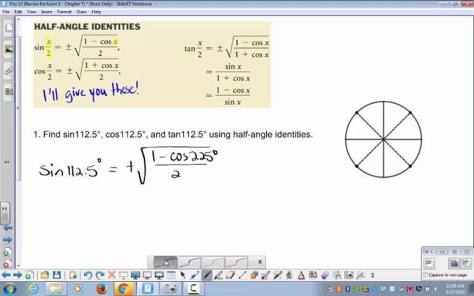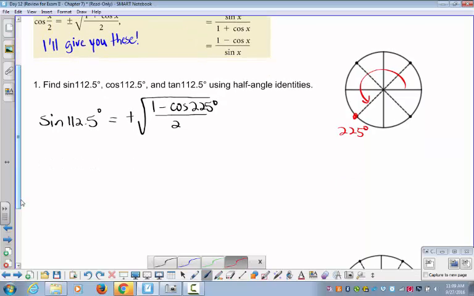And 225, if we go look at a unit circle, 225 is right here. There's our terminal point at 225 degrees. And cosine of 225 is what? Exactly. So 1 minus negative root 2 over 2. So that's going to change the sign in there. So I end up with that.